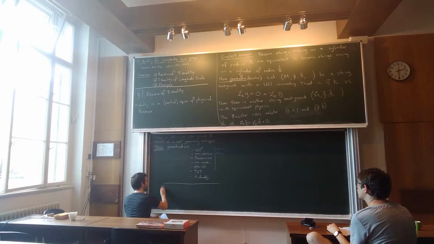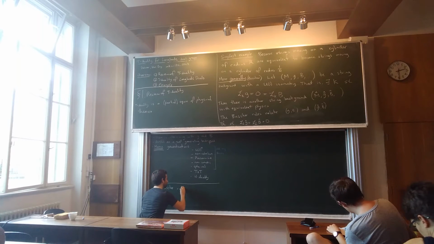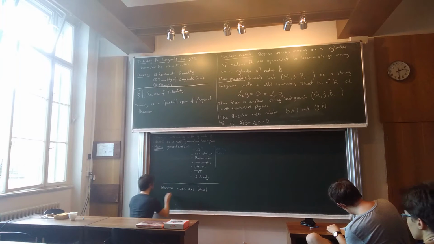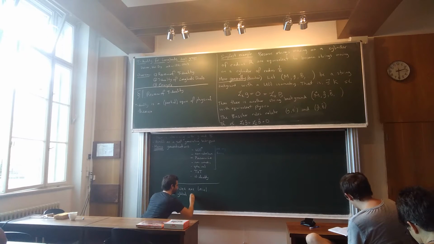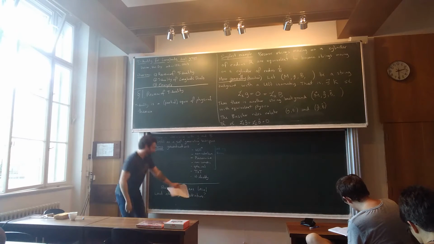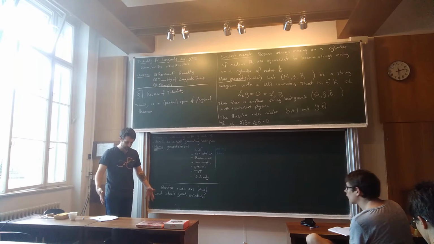So I just want to say that the Buscher rules are local. What about global stuff? And when I say local, I mean the Buscher rules are inherently written in some coordinate patch of your manifold.